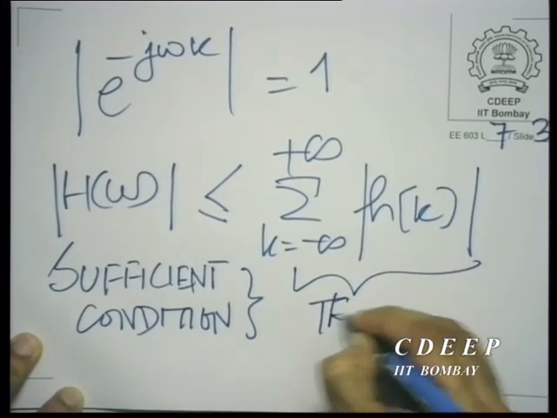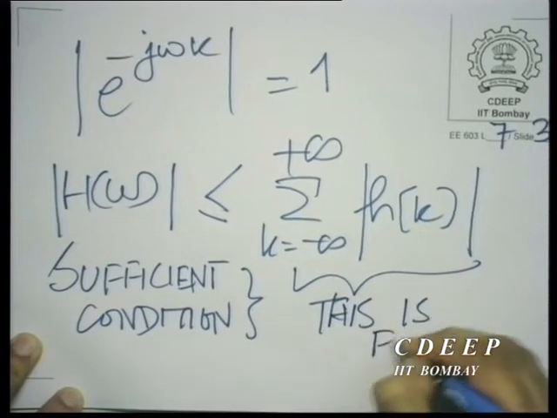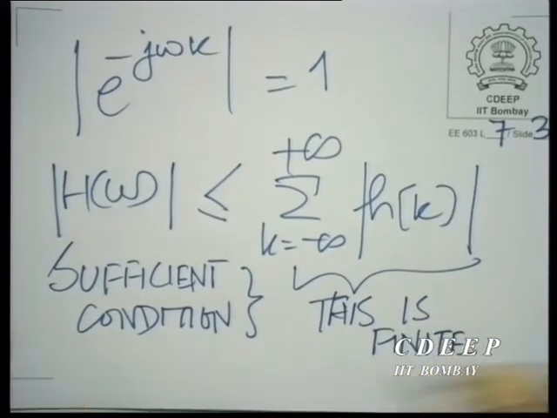The sufficient condition is that this is finite. It means if the impulse response sequence is absolutely summable, meaning the sum of the absolute value of the samples is finite, then we shall make a remark.